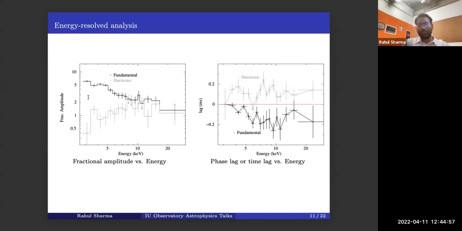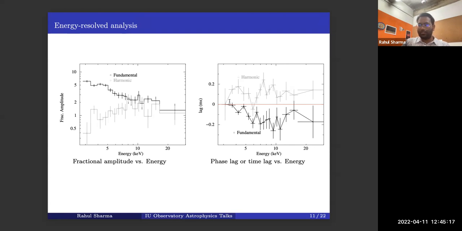The fractional amplitude at low energy is higher, and with increasing energy the fundamental amplitude decreases, while the harmonic component starts to increase. Around 10 keV they both become significant, and their contributions become nearly equal.